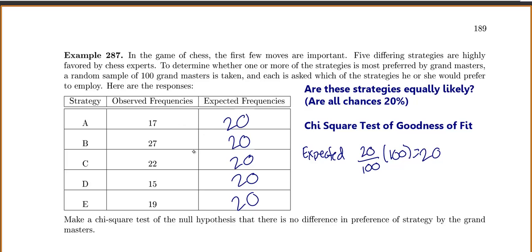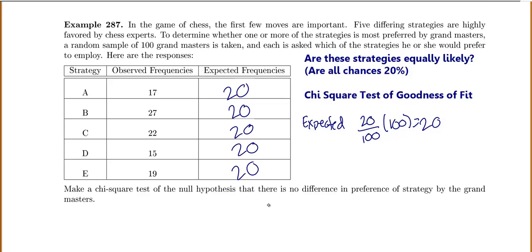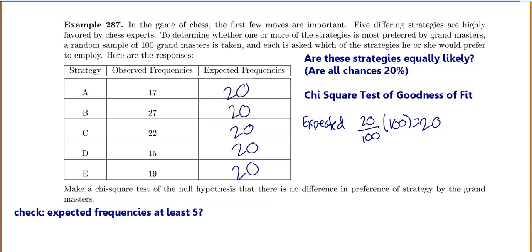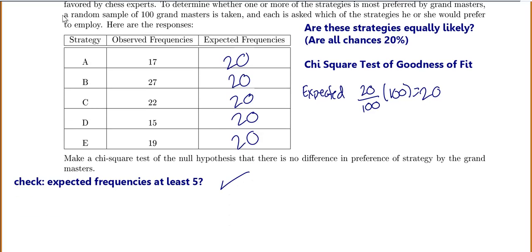Now notice we're obviously not getting exactly 20, but is that just our natural chance error, or is there some underlying preference here? One of the things we should always do is check, are all of your expected frequencies at least 5? Well, the smallest is 20 since they're all 20, so yes, we're good there. We can go ahead and do this test.